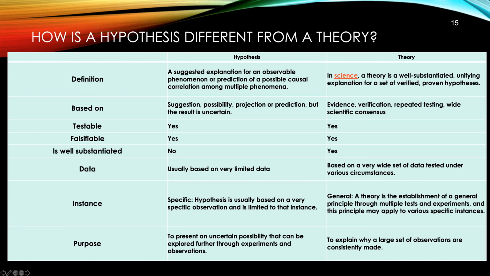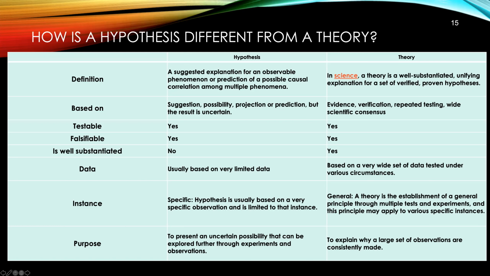A theory, on the other hand, is well substantiated. So it's a unifying explanation for a set of proven hypotheses. So there's no clear line of demarcation between a hypothesis and a theory. But if a hypothesis is tested over and over and over again, it can become a theory. If the testing always comes to the same conclusion.